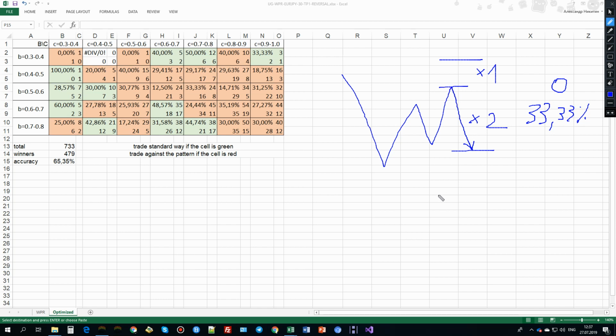And yes, if 1/3 of the time you win 2 and the other 2/3 you lose 1, overall you will have 0. So 1/3 multiplied by 2 minus 2/3 multiplied by 1, you have 0. So you should have at least 33% winners if you aim at the second target.